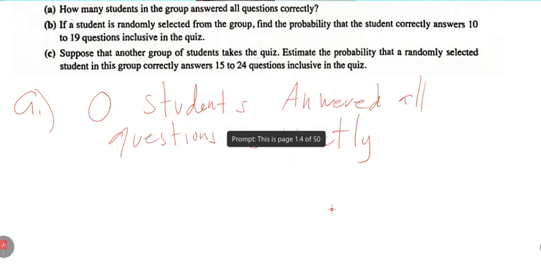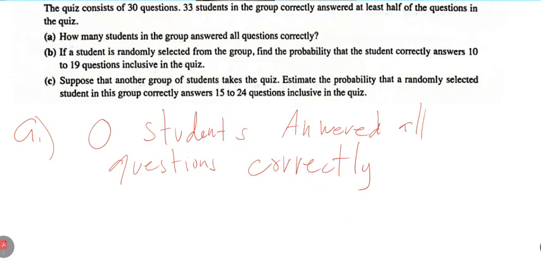Okay, now the second question states that if a student is randomly selected from the group, find the probability that the student correctly answered 10 to 19 questions exclusive in the quiz. So let's try to find it out here.